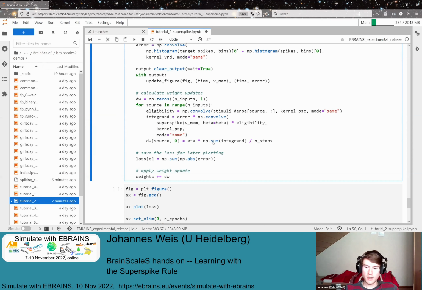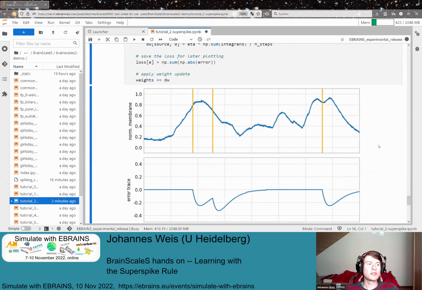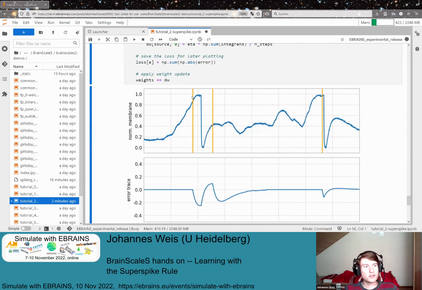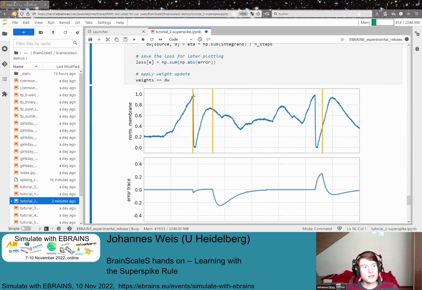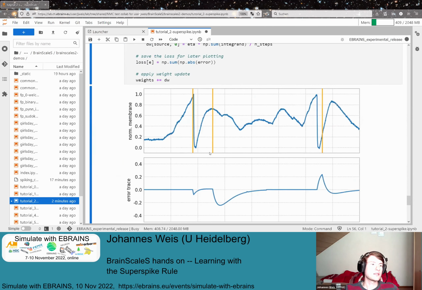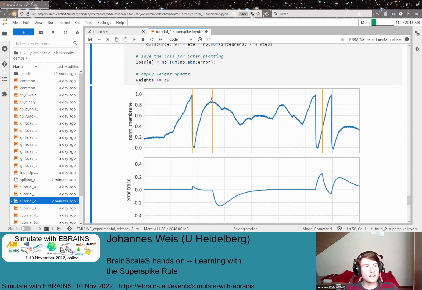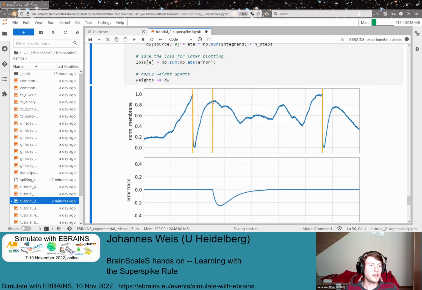And let's just execute this cell and watch it train. So what you can see here initially is on the top a membrane potential that is compared to the target spikes. Lines here are the target spike times that we have defined in the cell above. And you can see that we have not learned that here should be another spike.